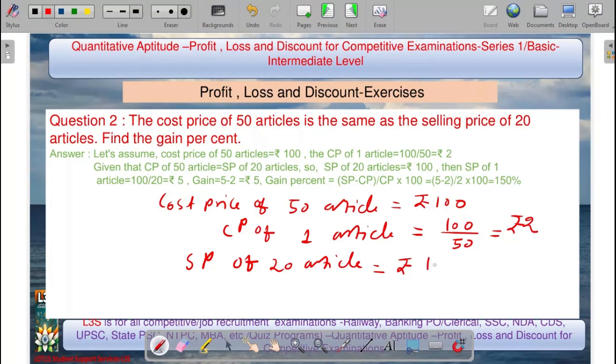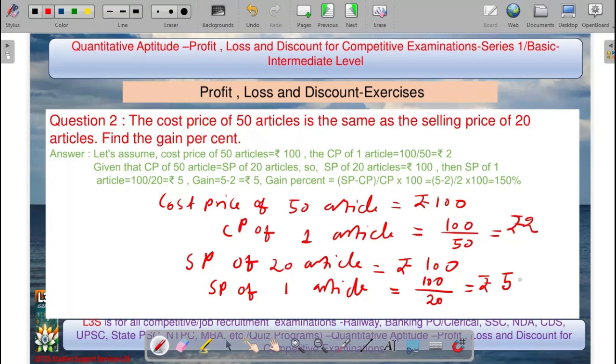So here also it will be the same. So selling price of one article will be how much? That will be 100 by 20, that is rupees 5. So cost price is rupees 2 per article, and selling price of one article will be rupees 5.